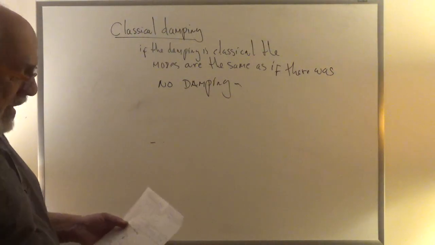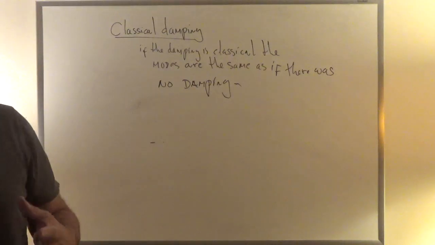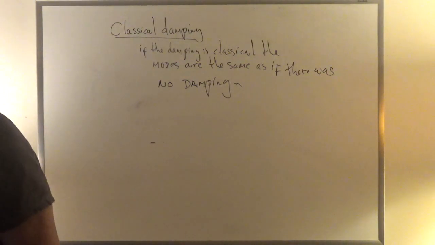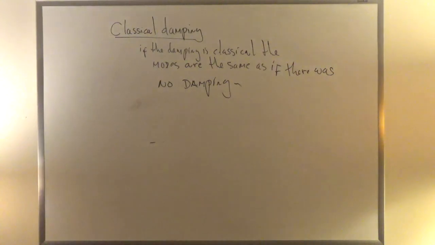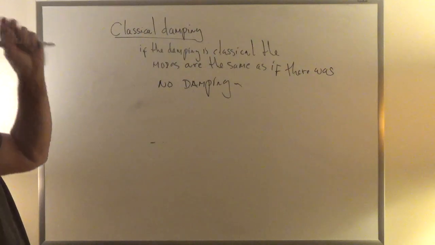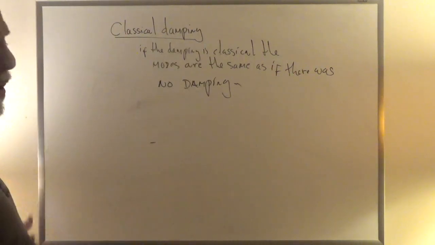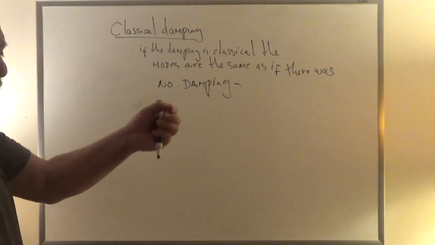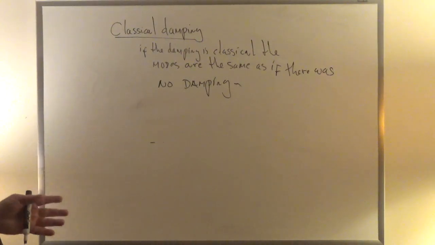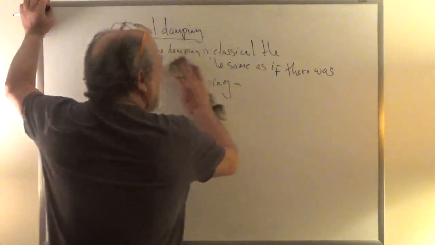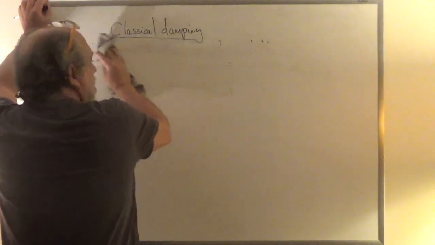Now, real structures, real physical systems, if you want to be strict about it, never have classical damping. Classical damping is like a dot on a map, a plane. So it's a point, it's not dense. So the likelihood that your structure has classical damping is basically zero.